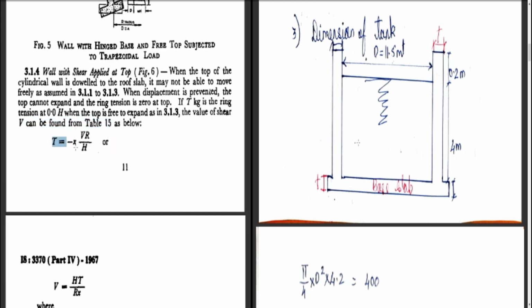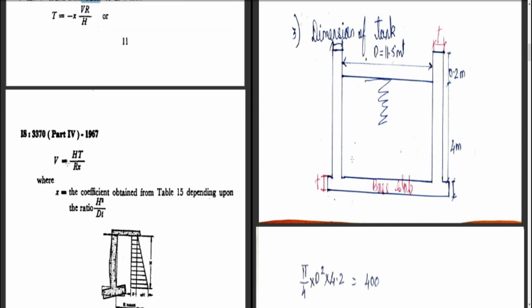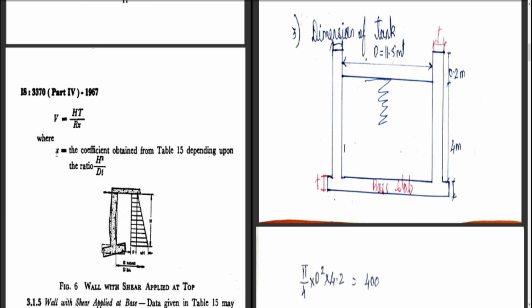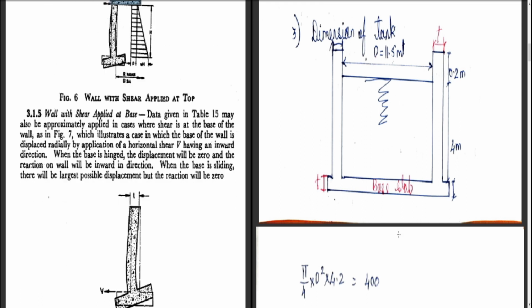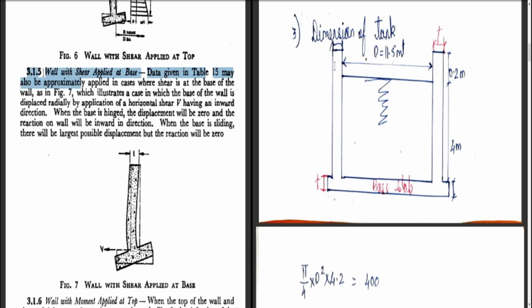The tension will be given as minus x V R divided by H, and V is given by H T divided by R x, where x is the coefficient obtained from table number 15 depending upon the ratio h square divided by dt. So this is the figure. You can see the top is covered here. Now the next condition, 3.1.5, wall with shear applied at the base.